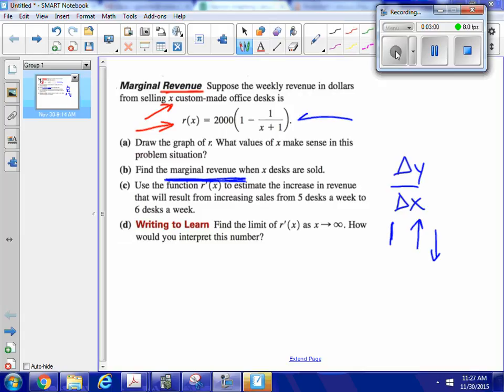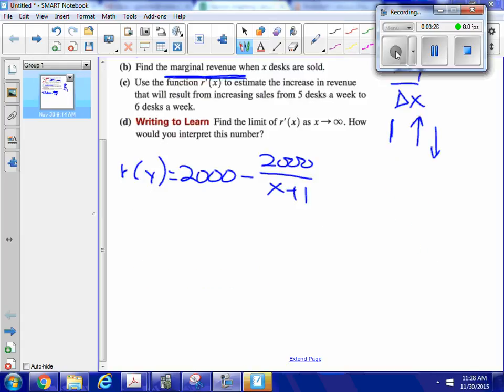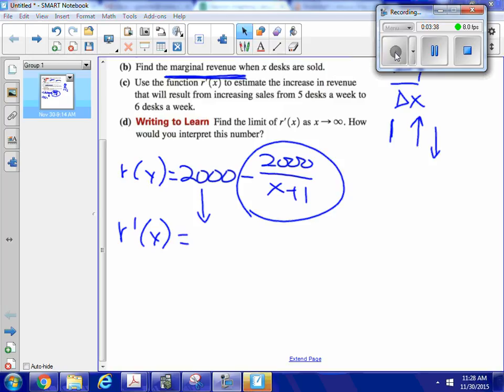Well, I think I'm going to change this into 2,000 minus 2,000 over x plus 1. So my r of x is equal to that. I just distributed my 2,000 like that. And I know if I want to do r prime, this 2,000 is going to go to 0. So I'm really just going to be left with this piece right here. And I'll set that up using the quotient rule. So u prime v minus u v prime over v squared.